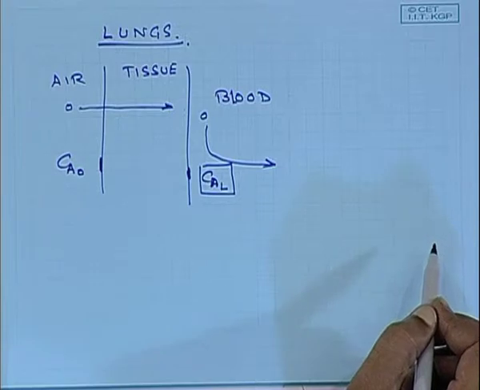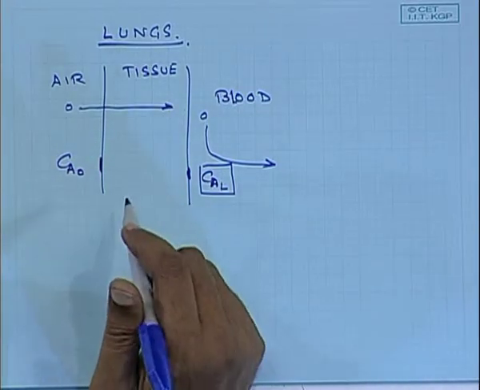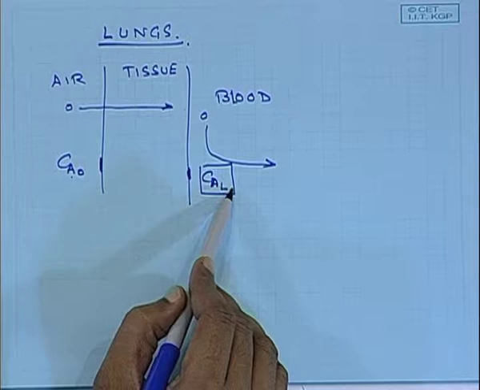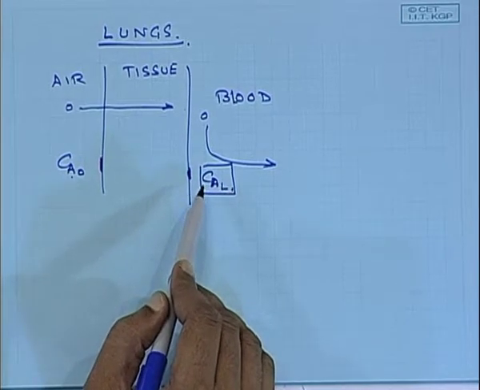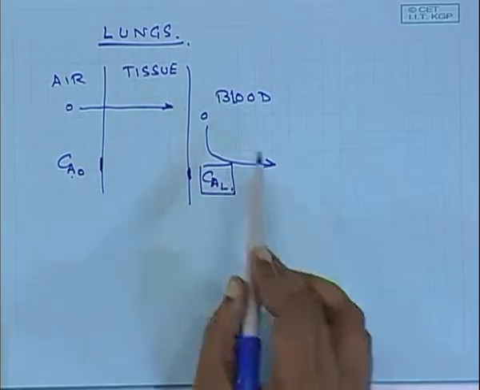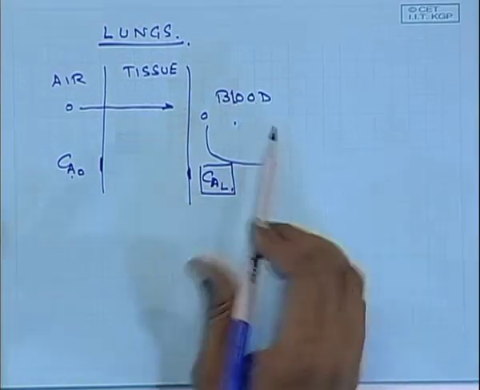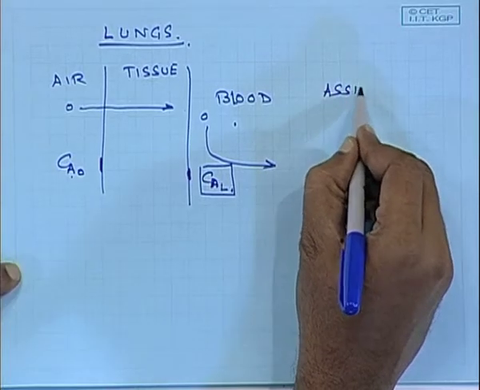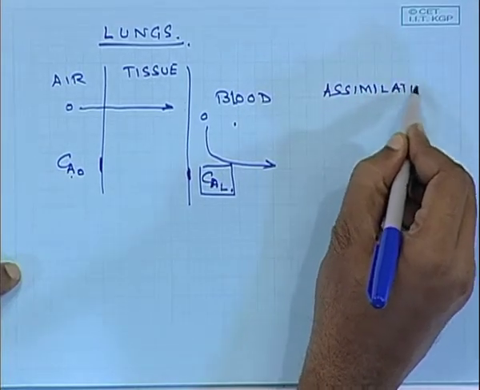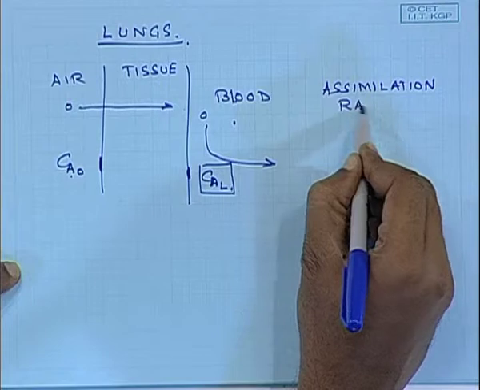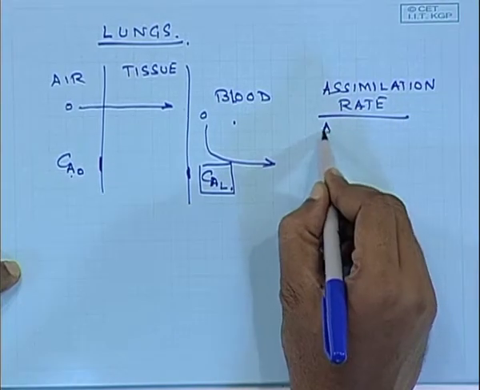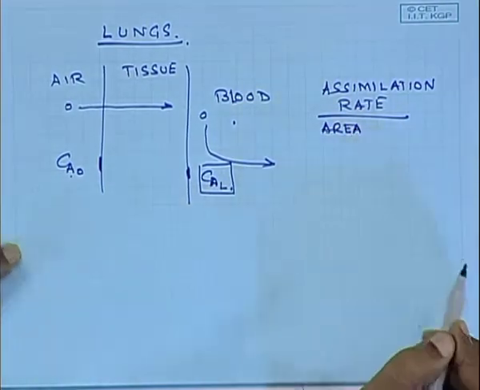What I am interested in is, for these two conditions, what is the oxygen assimilation rate by the blood per unit area of the lung tissue.